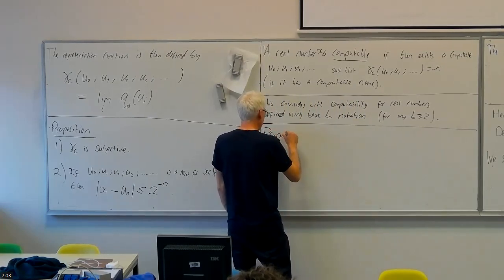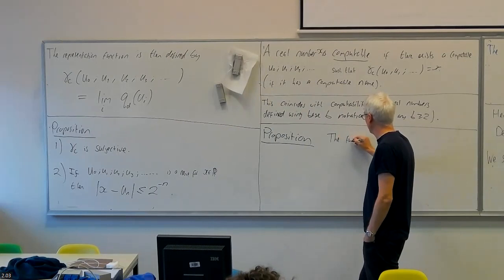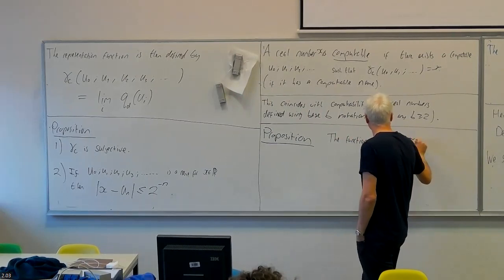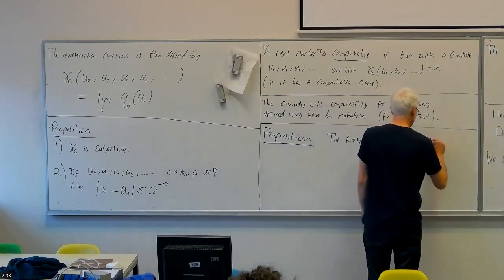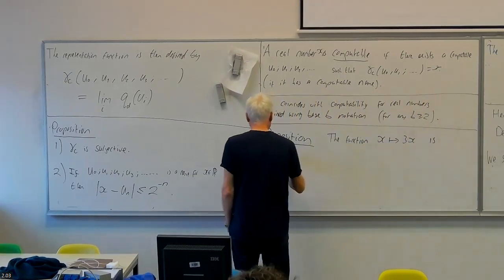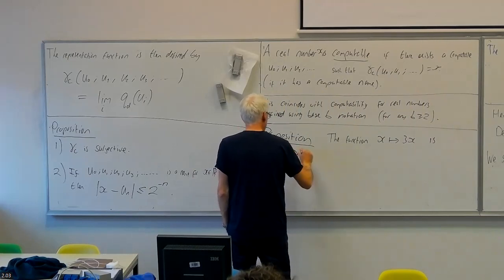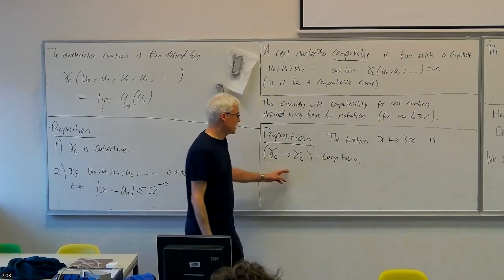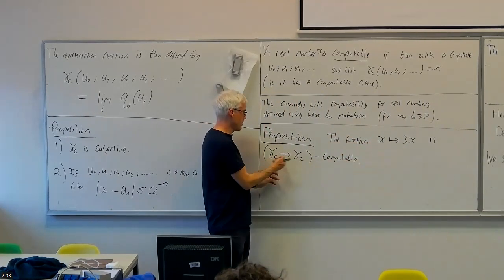So let's just, without further ado, we're going to have the function that multiplies a real number by 3 is computable now. So remember, we were using in lecture 3 a notation like this, saying a function on a represented space is computable with respect to a representation of that space.